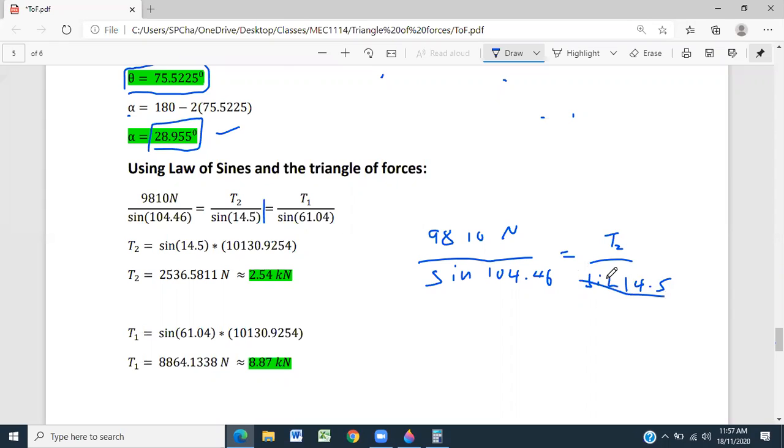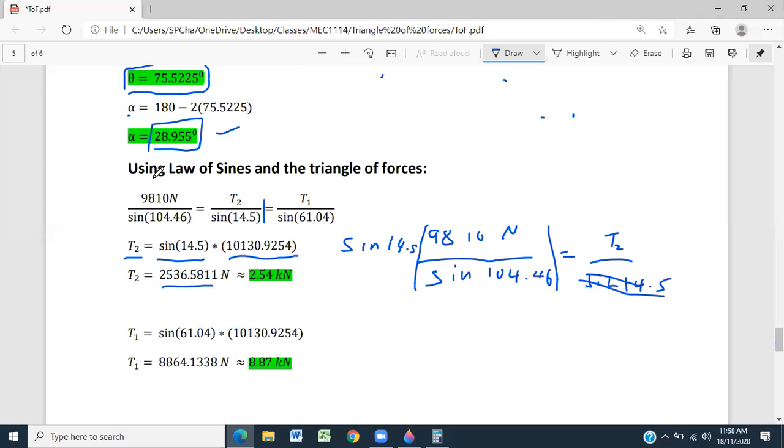Do your cross multiplication or just carry over this here, sine 14.5, this, and you equate this. I equate this out first. What is that? And then I multiplied it by sine 14.5. Or you can just plug this entire thing into a calculator and output the value for T2. And what you'll find is T2 will be this in newtons.